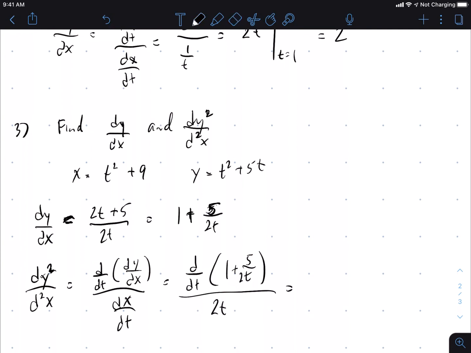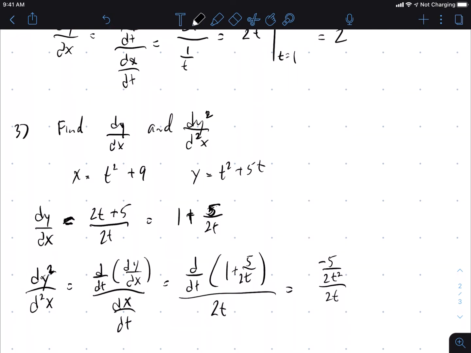So here, let me clean it up for you. So I'm going to get a negative 5 over 2t squared over 2t. Right? Sorry, I copied it wrong. See how I left out the 2? And so that's going to give me a negative 5 over 4t to the third. Any questions on that?